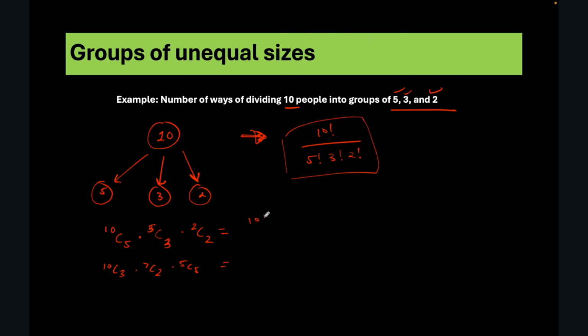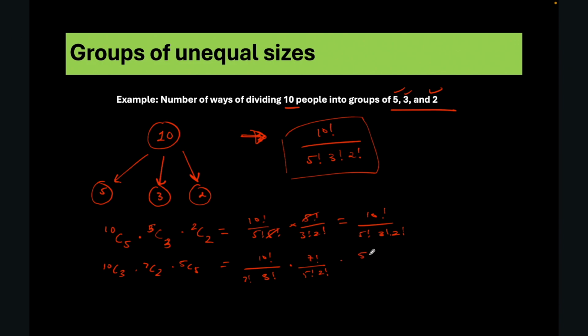So let's say 10 factorial by 5 factorial by 5 factorial, times 5 factorial by 3 factorial by 2 factorial, and then 2 factorial by 2 factorial. So this cancels out with this, and that gives me 10 by 5 by 3 by 2. Then we have 10 factorial by 7 factorial by 3 factorial, then 7 factorial by 5 factorial by 2 factorial.